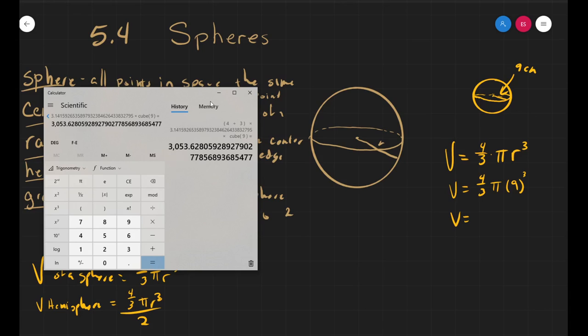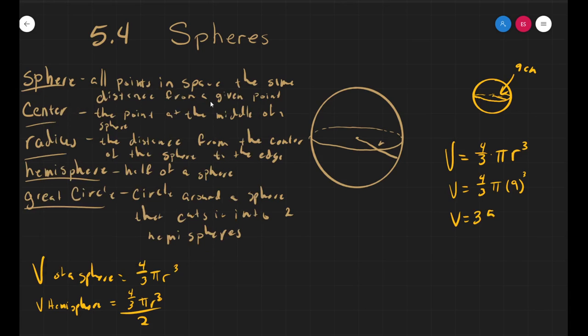I'm just going to round to 3053.6 centimeters cubed. A lot of places will leave this in terms of pi, so they'll take volume equals 4 over 3 times pi times 9 cubed, leave the pi over here, and 4 over 3 times 9 to the third gives volume equal to 972 times pi.